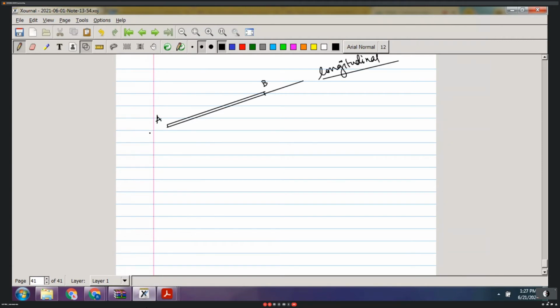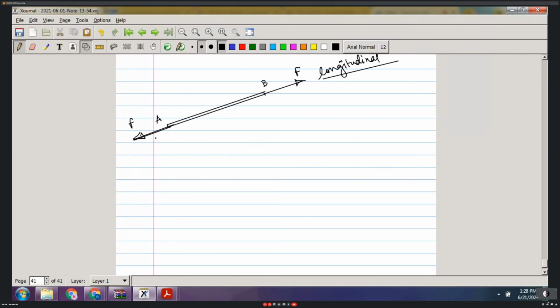So through this longitudinal axis, suppose there is action of two equal and opposite pulling forces of magnitude F. Can you tell me what will happen to this member AB? Will it be steady, or will some tensile force be developed in the member AB? Tensile force.